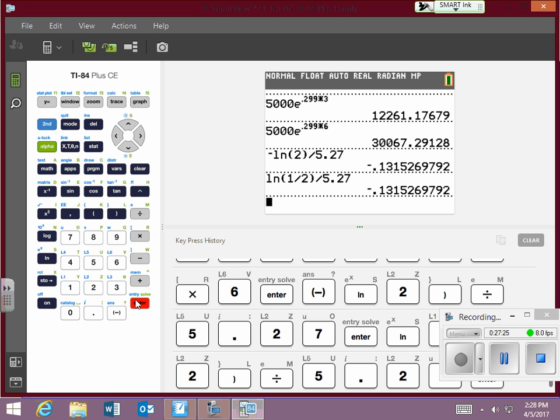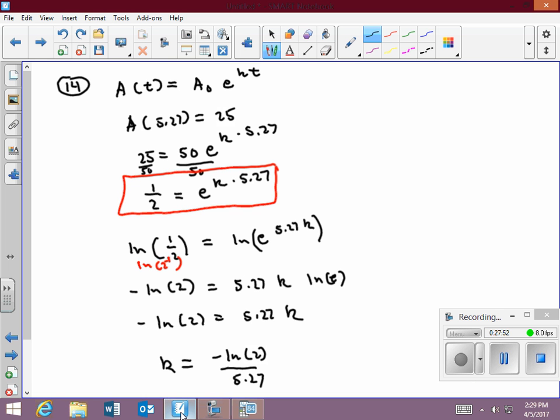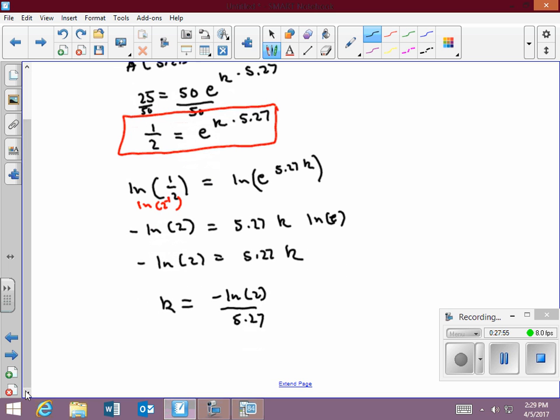So it's a negative 0.13. I don't know, did they have a certain number of decimal places? This one, round the answer to 4 decimal places. 0.1315. So that's K.